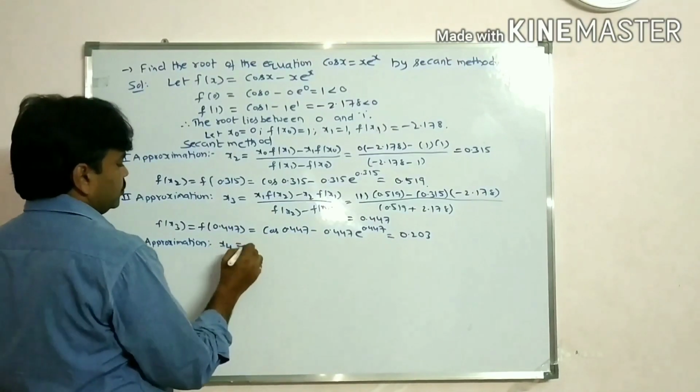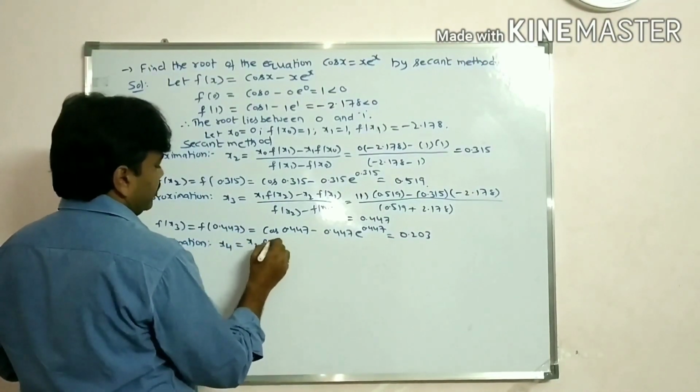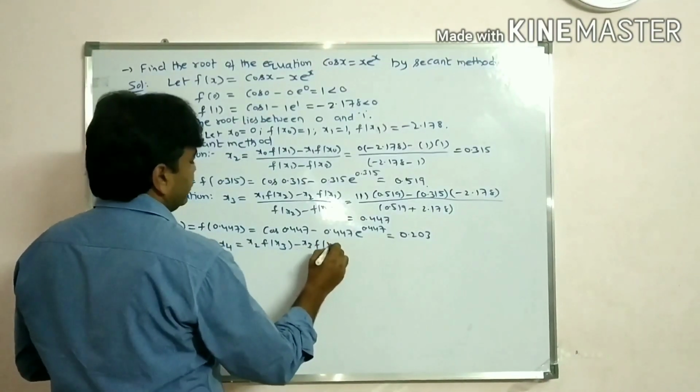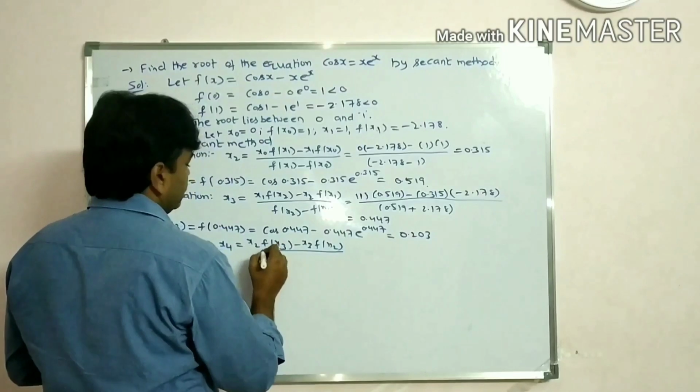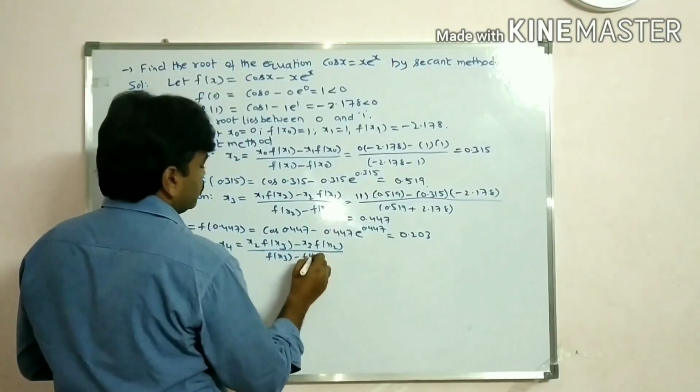So third approximation x4 is equal to, tell me students, x2 f of x3 minus x3 f of x2 divided by f of x3 minus f of x2.